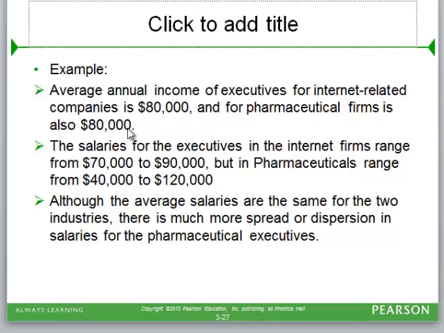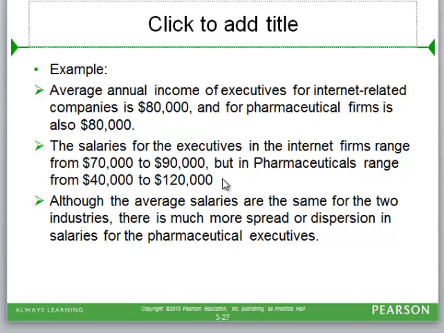So this 80,000 is not that typical in the pharmaceutical industry.